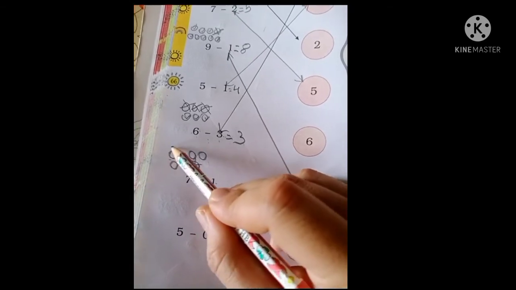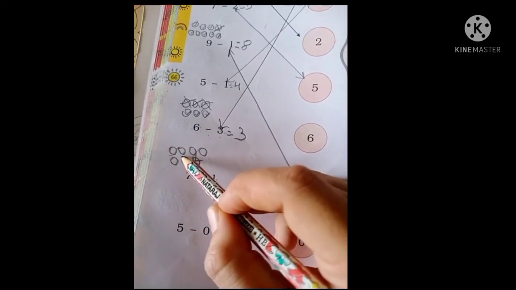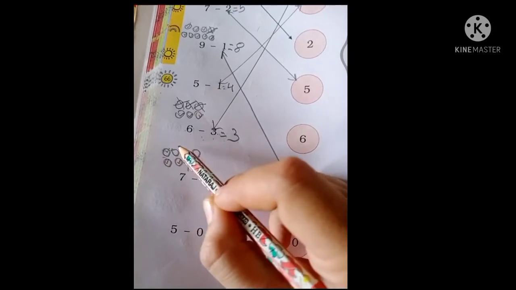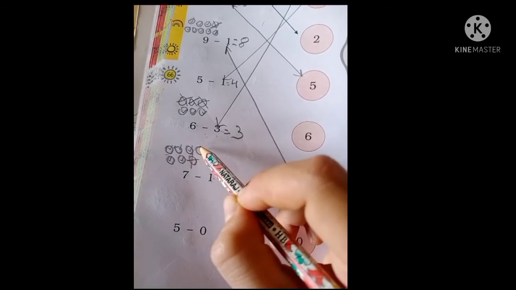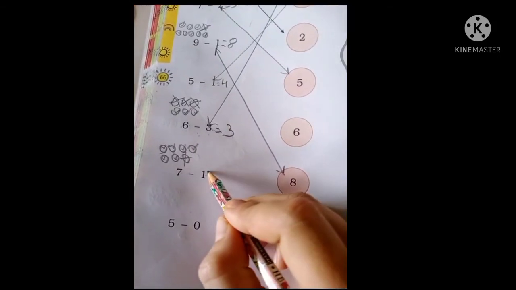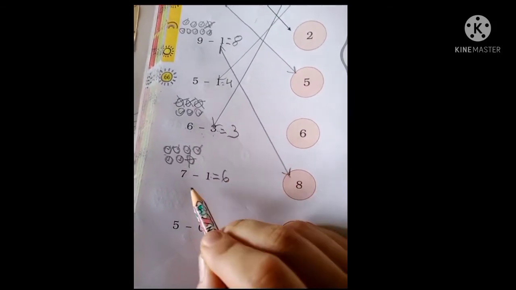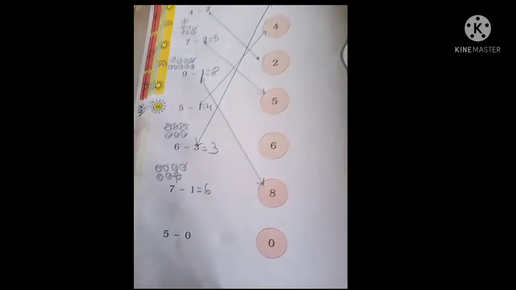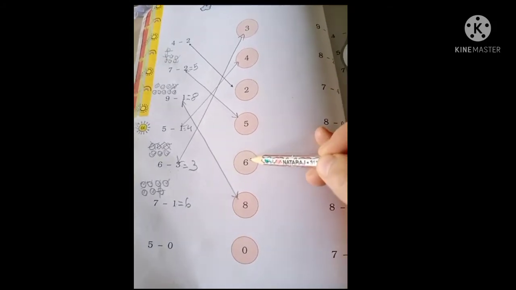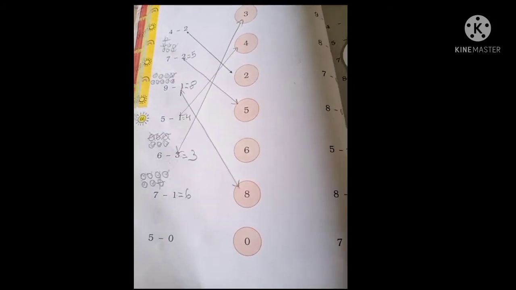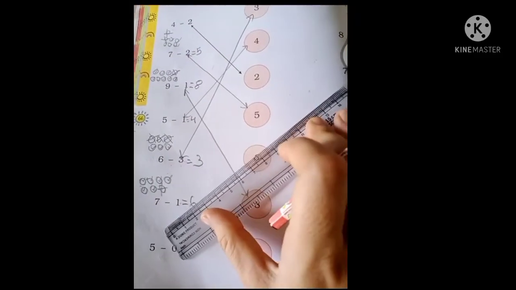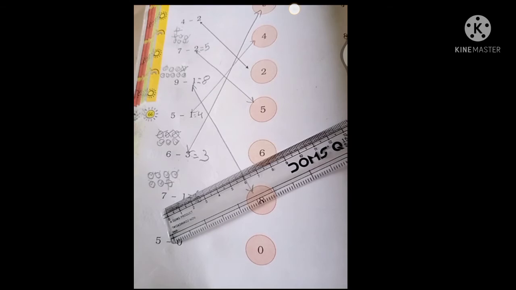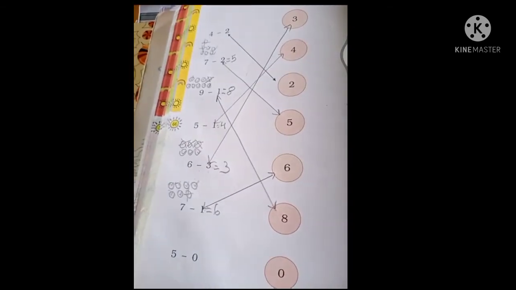After cutting 1 how many circles are still remaining, students? So let's count. 1, 2, 3, 4, 5, 6. How many remaining, students? 6. So that means 7 minus 1 is equal to 6. And here you got the 6. So that means you have to match this one with the 6. Yes or no? As you get answer 6. Like this. Got it?